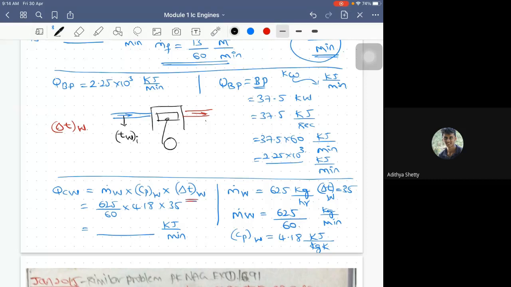Similarly, the temperature of the water after it has cooled the engine increases naturally. So the temperature of the water at the outlet is TWO. Now, what is this delta TW? Delta TW is nothing but the difference between these two, the temperature at the outlet minus the temperature at the inlet. So he has given this parameter as 35 here. Understood?